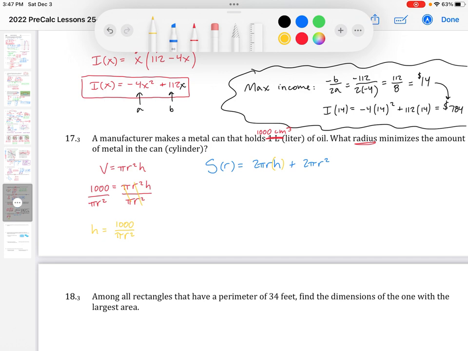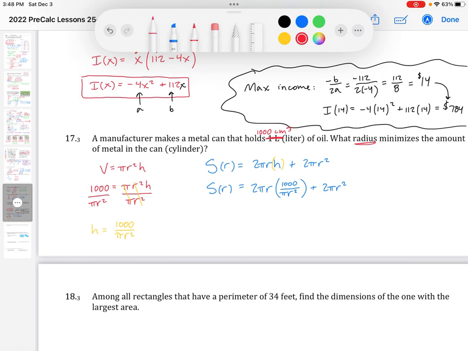But for this height, we're going to replace it with this right here. So if we do that, our surface area in terms of the radius is 2 pi r times 1,000 over pi r squared. And this second term is going to stay the same.